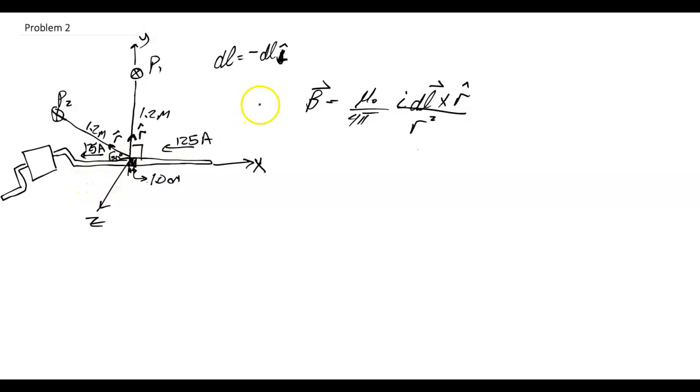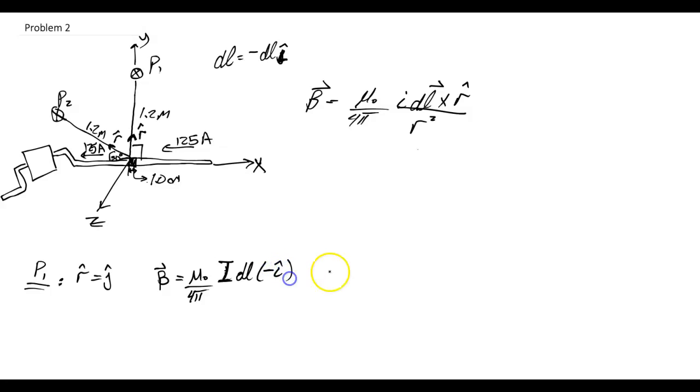So if we look at this equation and we look at point 1, then we have, like we said, r hat is j hat, and B vector equals mu naught over 4 pi I dl, I'm going to make this a capital I because we have I hat here, minus I hat crossed with j hat all over r squared.